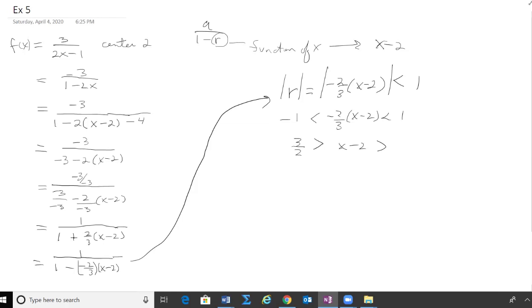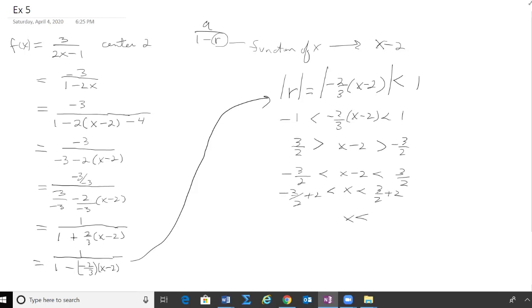Reverses this, makes this a negative 3/2, which I should flip around because now it's backwards from the number line. You're seeing positives on the left. So you'd probably be safer to write it like this at this point, which is a 3/2 over here, and then add your 2 to both of these. 3/2 plus a 2, and a negative 3/2 plus a 2.